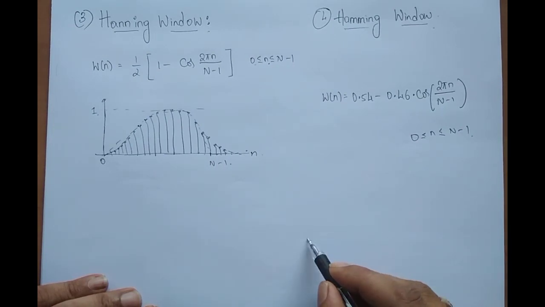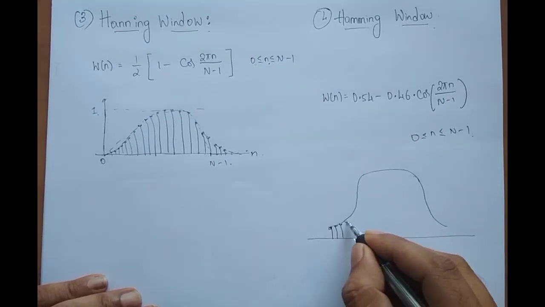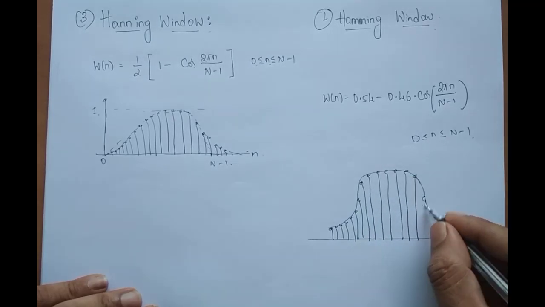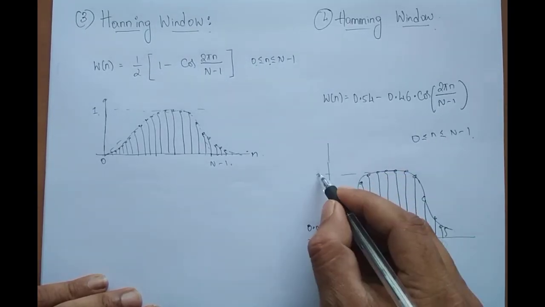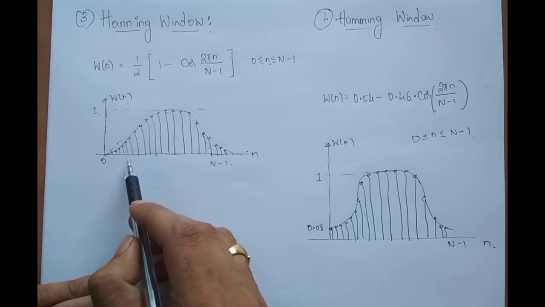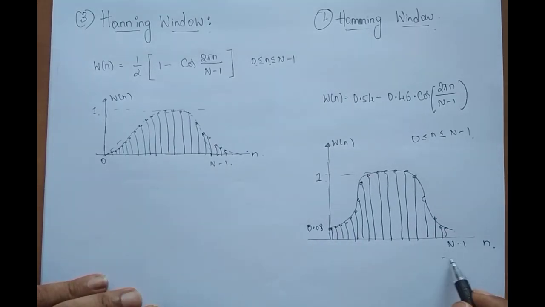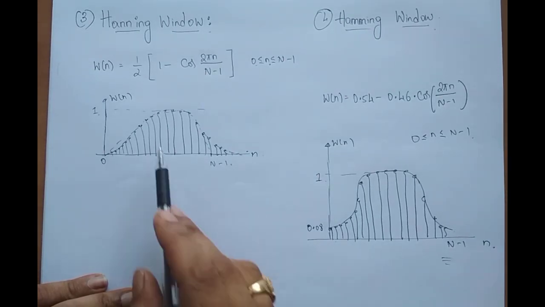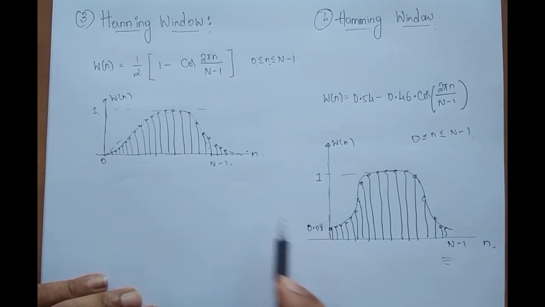Okay, and the shape of the Hamming window looks something like this. So here the samples start from 0.08, whereas for the Hanning window it starts from 0. Okay, that is the difference. Even though in time domain the shape is almost the same, when you take it to frequency domain, you have a lot of difference, which we shall discuss later.